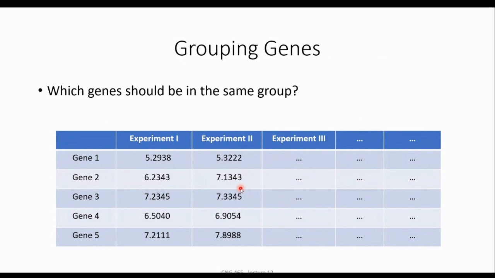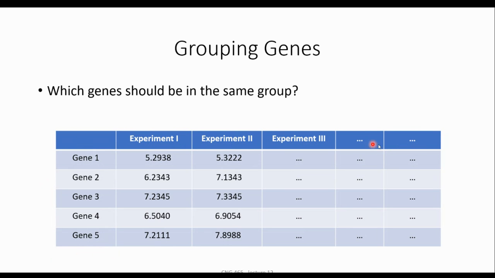Now, assume that you have such a table. You have 5 different genes, and we have run different experiments on them. Maybe each experiment was done in different laboratories. Different people maybe worked on it, different research groups, but we have such data.